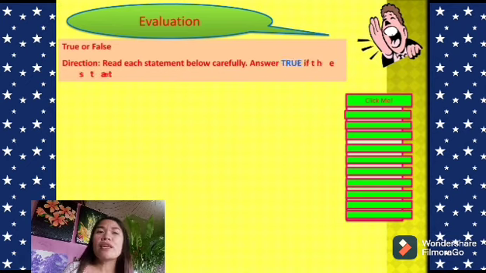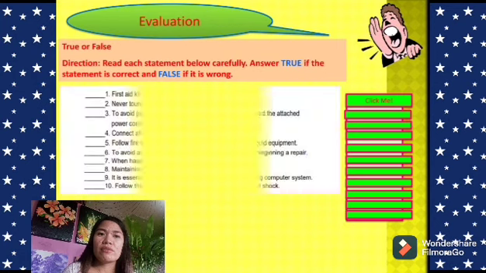Your evaluation is just true or false. I know you are able to answer this. Okay, direction. Read each statement below carefully. Answer true if the statement is correct, and false if it is wrong.